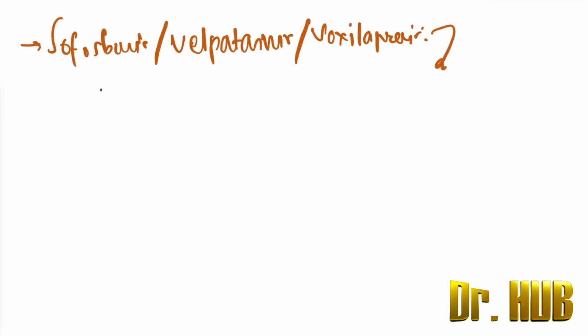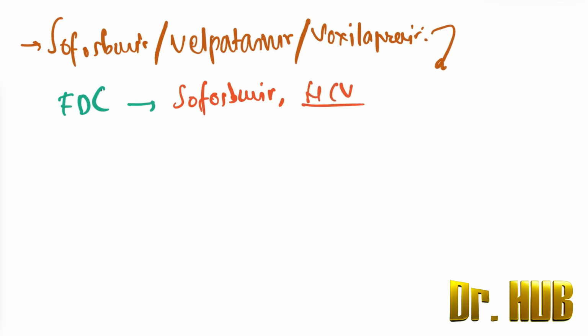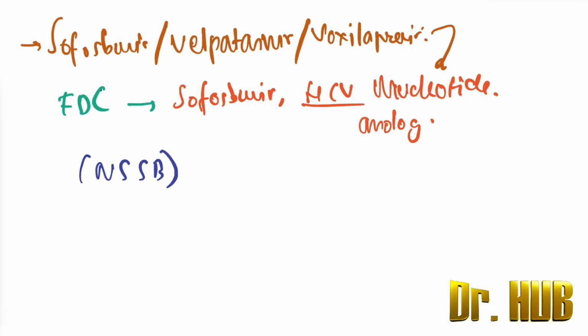So this is an FDC, that is a fixed drug combination, and it is of the sofosbuvir, and it is nothing but the hepatitis C virus, that is the HCV virus. It is a nucleotide analog, that is, it is an NS5B polymerase inhibitor. PI stands for the polymerase inhibitor.